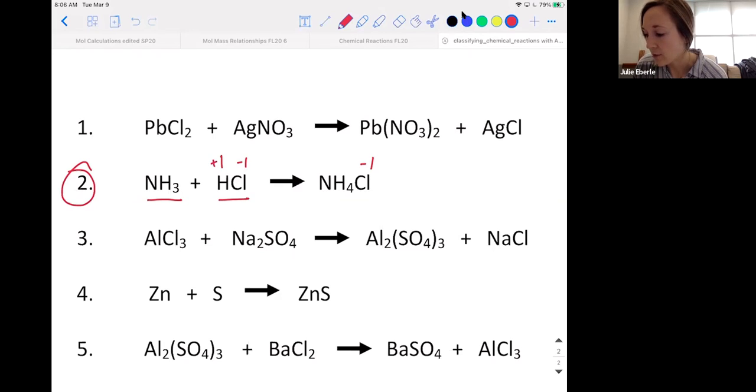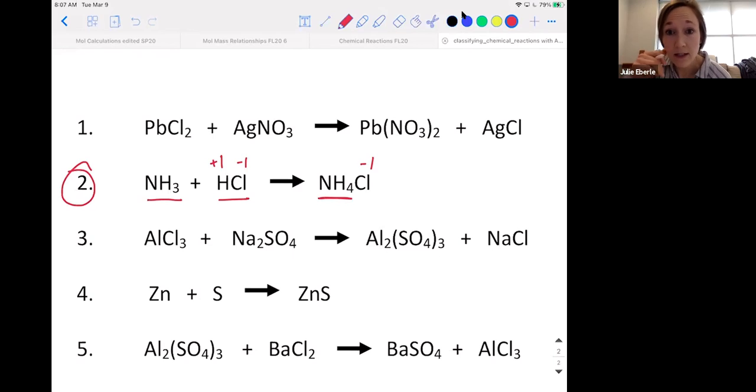Now, one thing you have to remember is that ammonium is a polyatomic ion, and I see a polyatomic ion right here on the product side. Okay, overall, ammonium has what charge? +1. Thank you, Brooklyn.